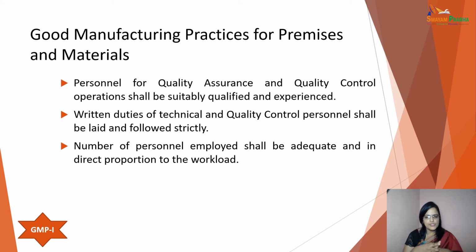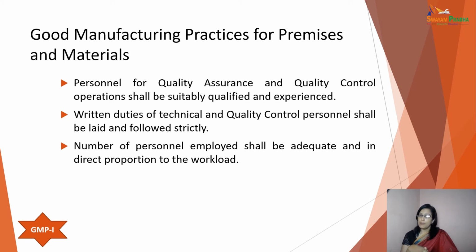Persons for quality control and quality assurance operations shall be suitably qualified and experienced. Written duties of technical and quality control persons shall be laid down and should be followed strictly. That means there should be a complete chart which states the assigned tasks and duties to the employees who are working.